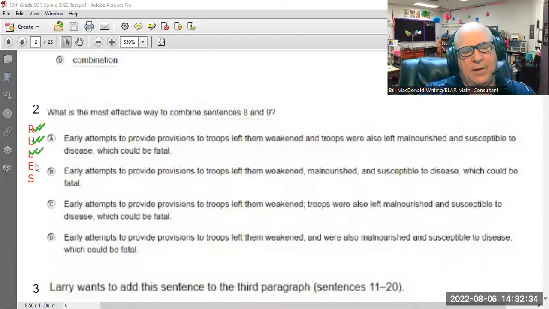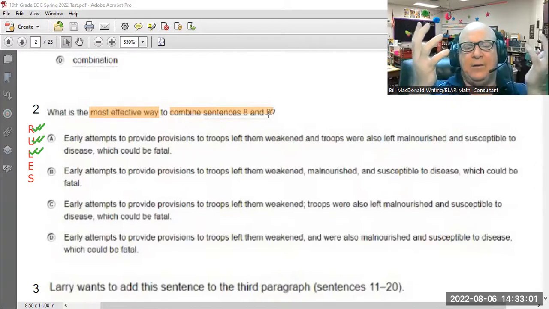We'll eliminate 3 when it's time, and we'll select 1. So let's use an orange highlighter. What is the most effective way to combine sentences 8 and 9?